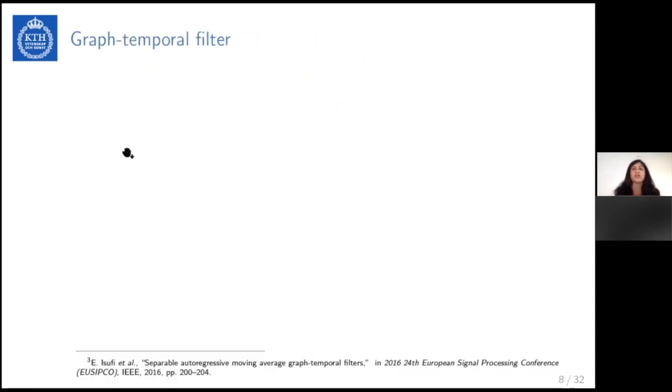So now we have an idea of what it means to filter a graph signal in the graph domain. But more frequently, we encounter signals which lie both in a graph as well as a time domain. You can think of this as signals or data on a graph that are time varying.